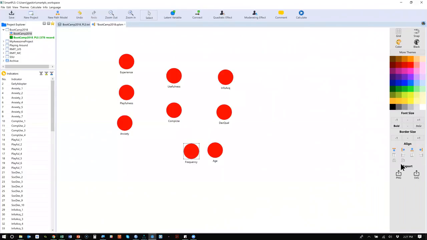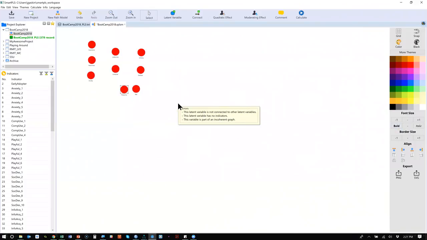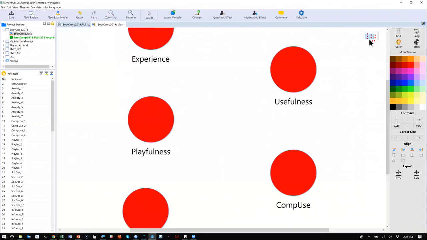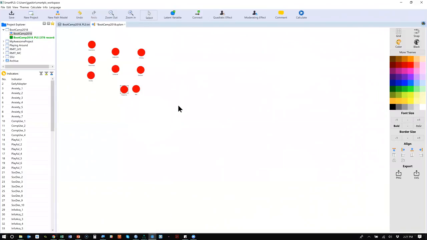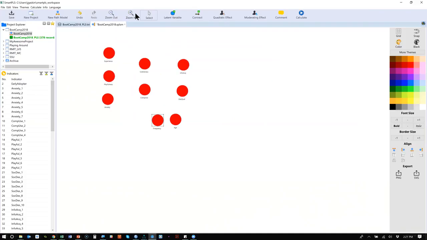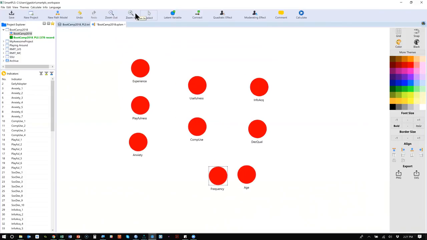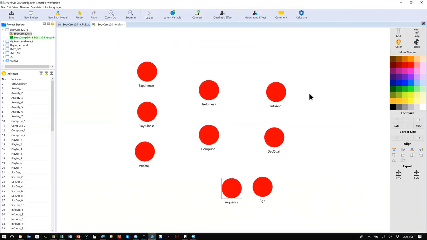Okay, let me zoom in a bit. Zoom out. Nope, zoom in. So to move it around, you just click and drag.